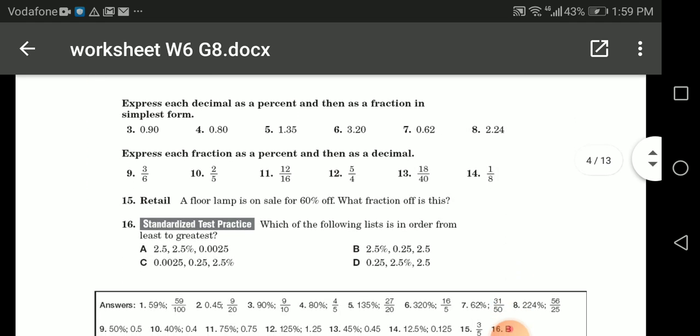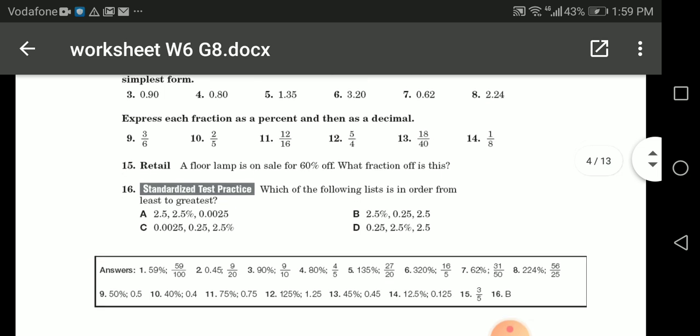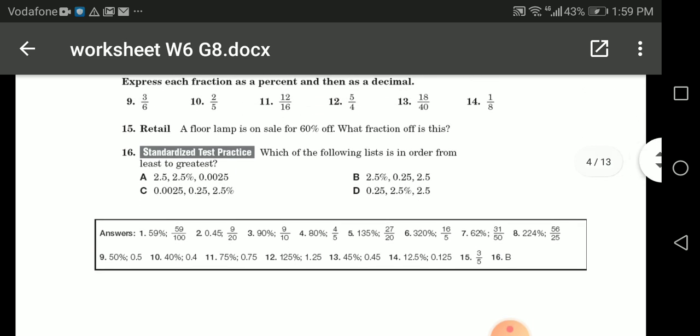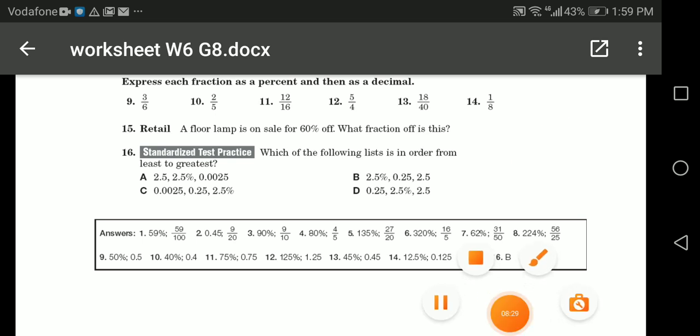Here, express each decimal as a percent and as a fraction. It's the same idea here. Let's see this word problem. If I say a floor lamp is on sale at 60%, what fraction is this? The fraction here is what, guys?